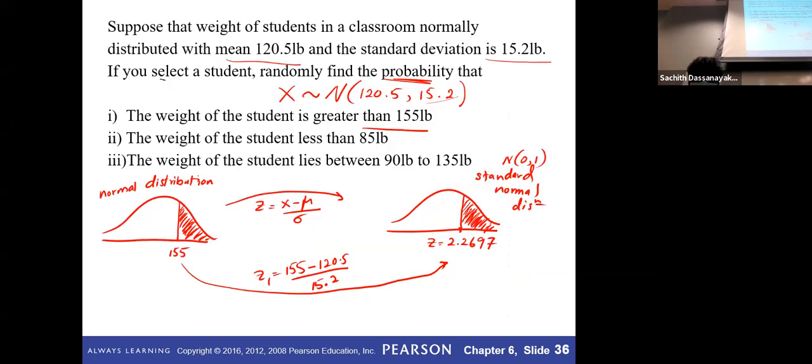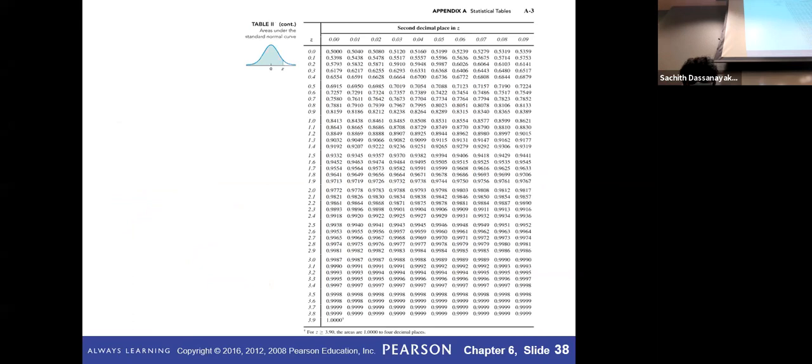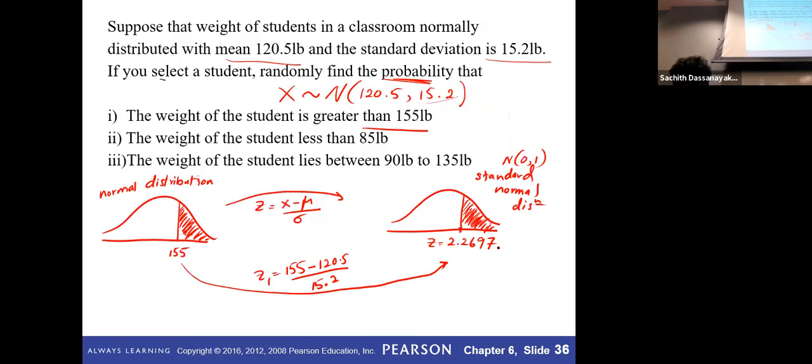So what is my value? 2.2697. We can go to a maximum of 2 decimals, so I'll round this number to 2 decimals.